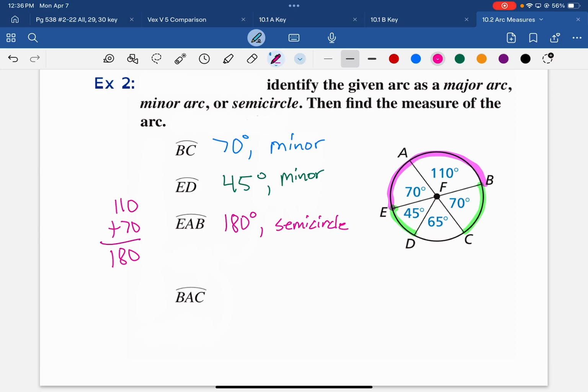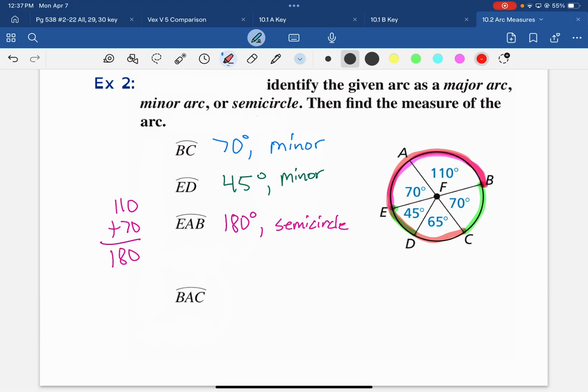Okay. And last one, BAC. So with BAC, should I go clockwise or counterclockwise from B? Should I go around clockwise to the right, spin to the right, or should I spin to the left, counterclockwise? The left. So start with B and go counter, like that? Okay. So there's two ways I can solve to find this one.